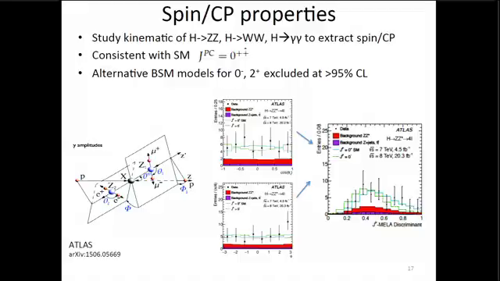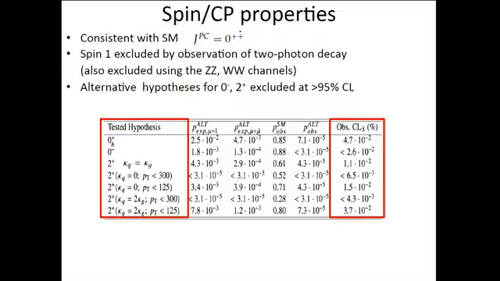Looking at each one by itself, you don't see very much ability to distinguish, for example, the standard model from the 0 minus hypothesis. When you take many of them and you put them together into a multivariate discriminant, you start to see some difference that can be distinguished experimentally. Then you combine the three channels and you get very good limits.